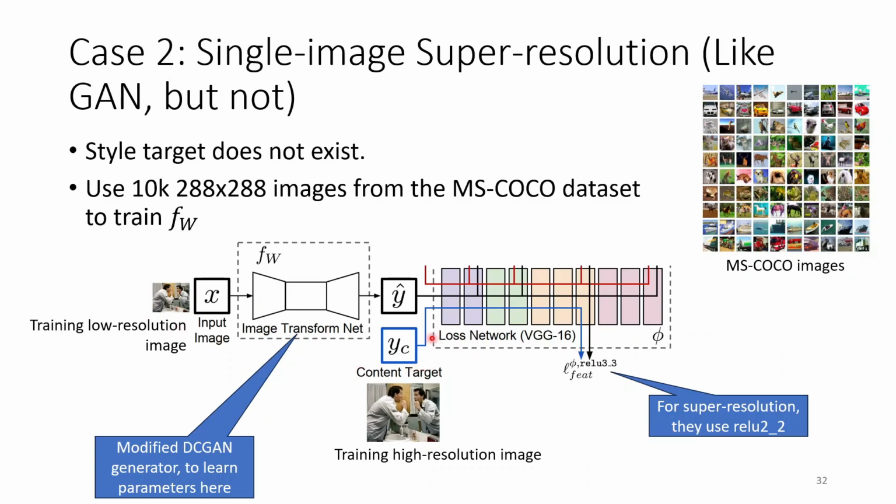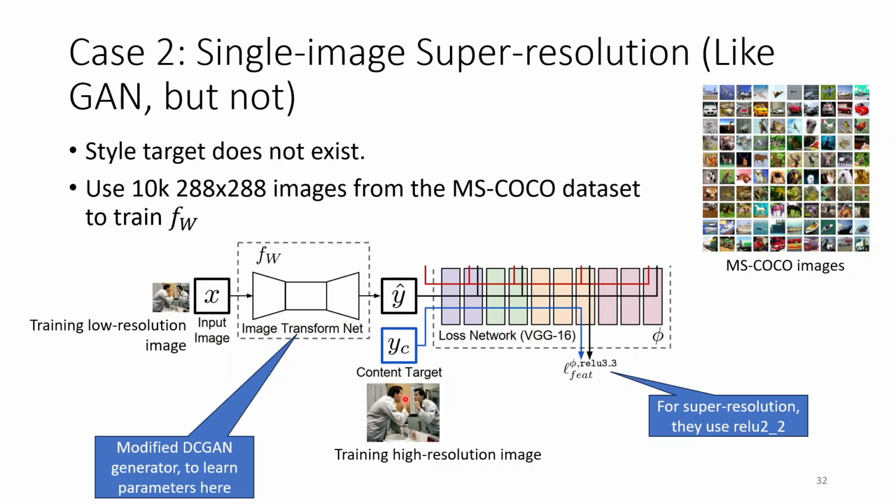Then again, okay, there is a modified DC-GAN which can generate a high resolution image. So you can see that's the contribution of this paper, because it can generate a high resolution image as high as you want. Okay, but for their case, they only test scaling factor 4.